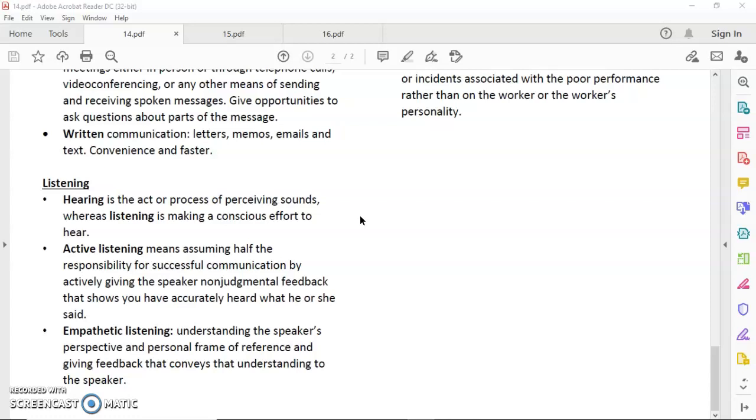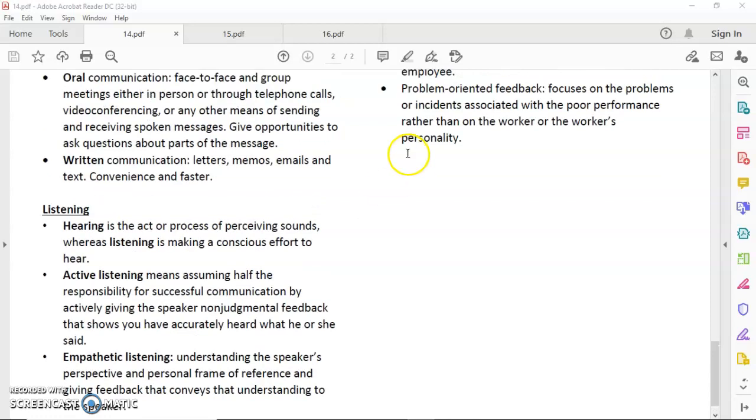Active listening means assuming half the responsibility for successful communication by actively giving the speaker non-judgmental feedback that shows that you have accurately heard what she or he is saying. And there's empathetic listening, which is understanding the speaker's perspective and personal frame of reference and giving feedback that conveys that understanding to the speaker.